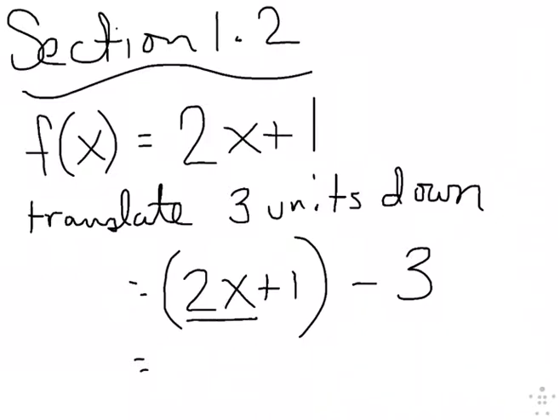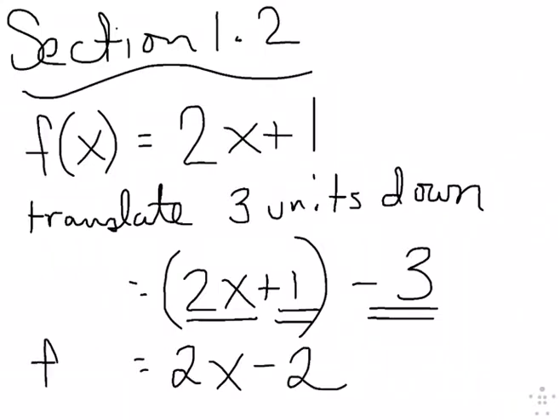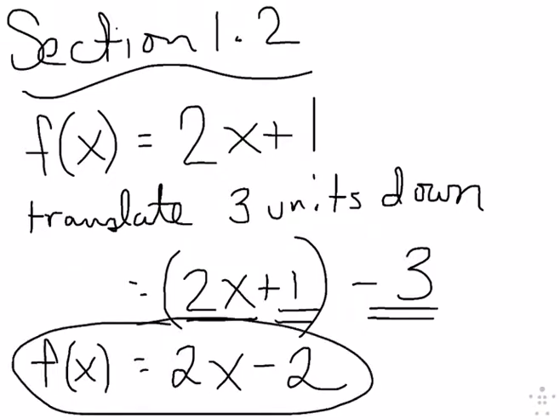Is there any other x's in the problem? No. And then what's 1 minus 3? Negative 2. And that's it. Again, if it says up or down, we're going to put the whole thing in parentheses and put it on the outside.